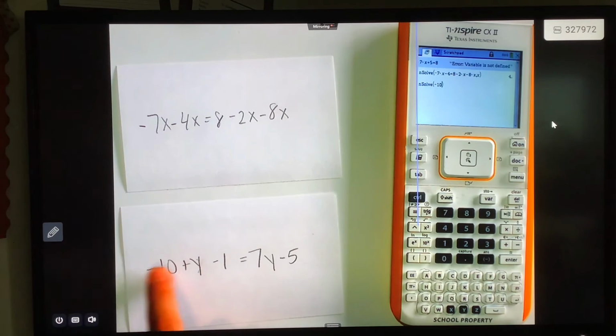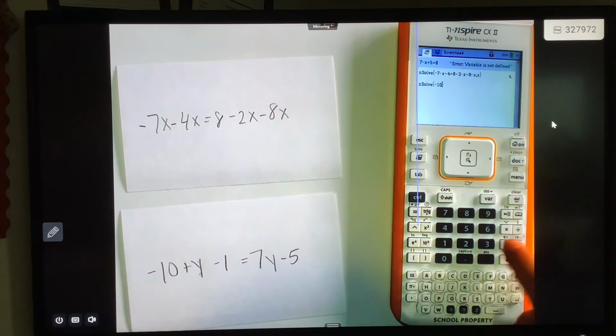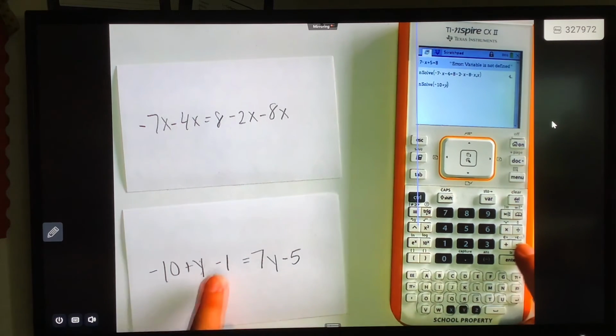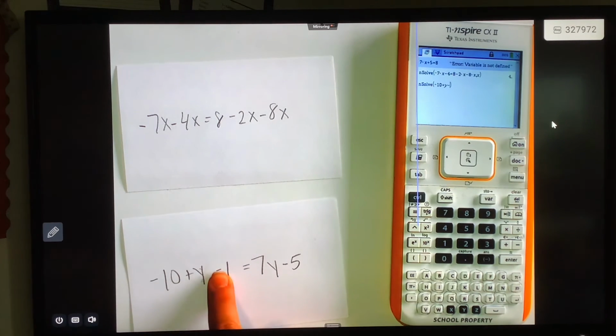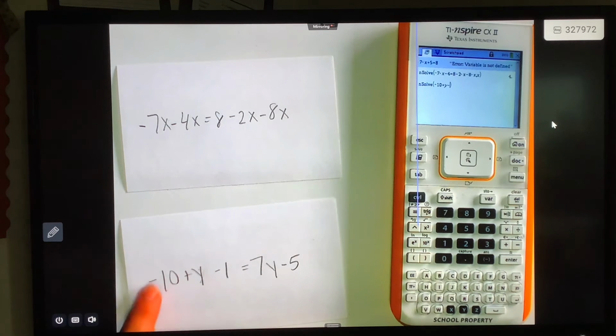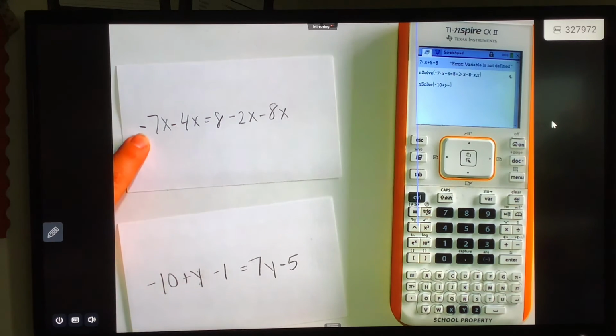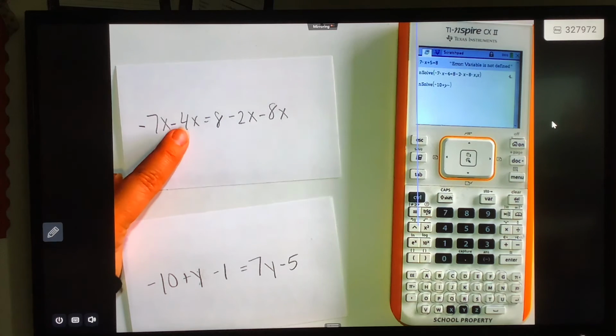We're going to say negative 10 plus y, and you're actually going to use the y button from the keyboard at the bottom, minus 1. So yes, this and these signs look alike. However, you have to understand where to use a minus sign, which is in between terms, and negative signs are in front of terms. Up here I did negative 7x minus 4x.